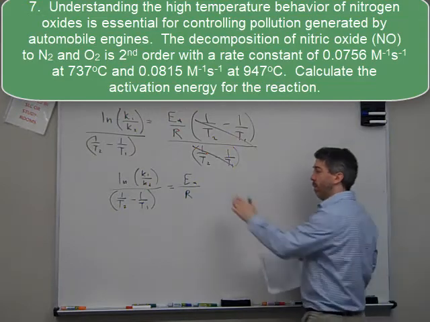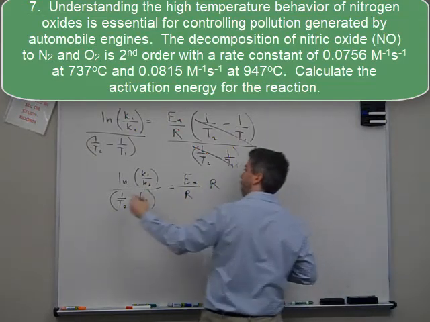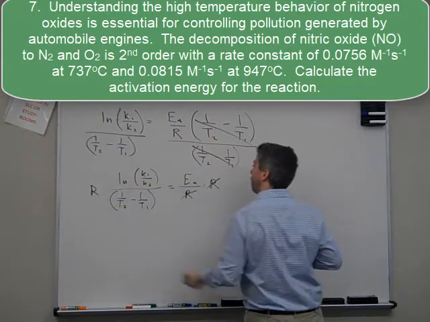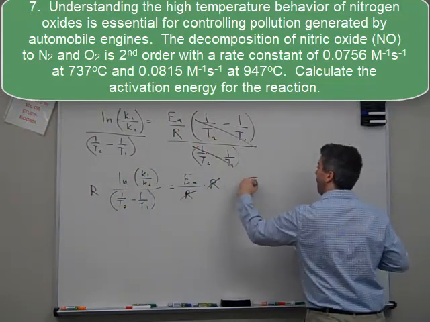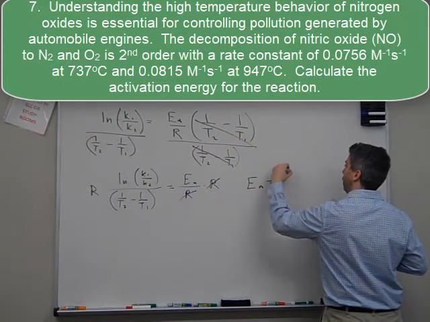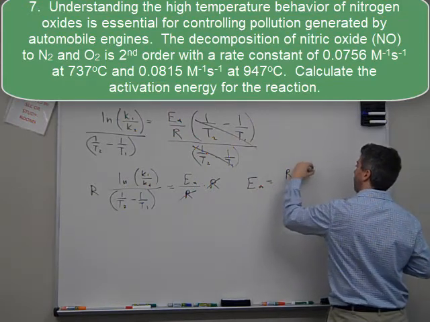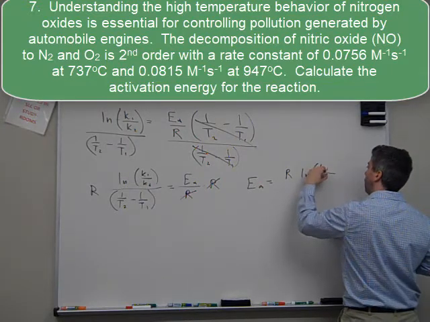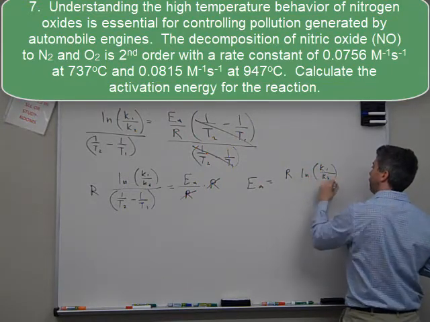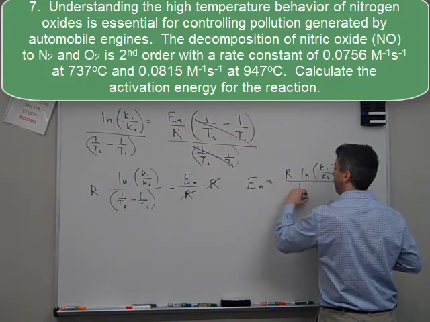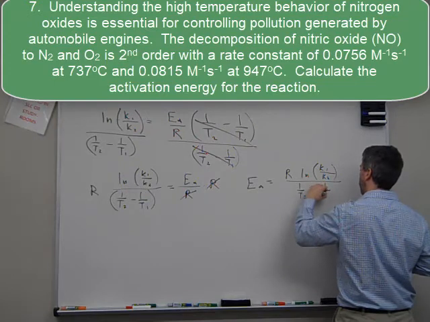Now all I have to do to solve for EA is multiply both sides by R. And bam, I have EA is equal to R times the ln of K1 over K2, all over 1 over T2 minus 1 over T1.